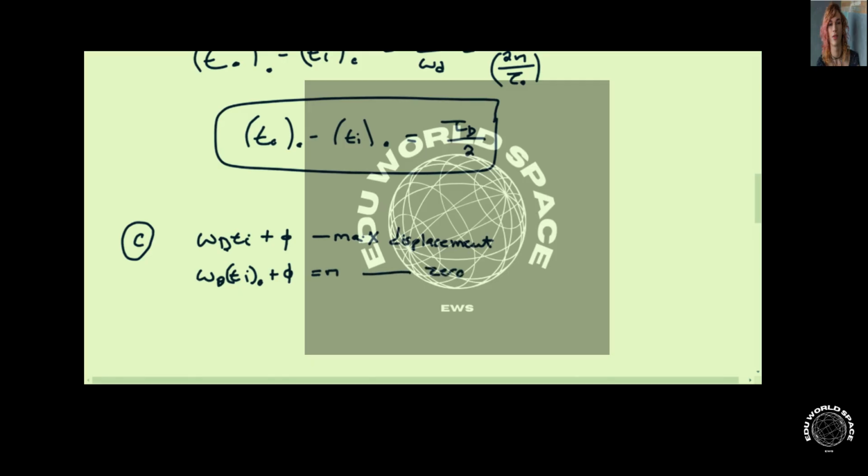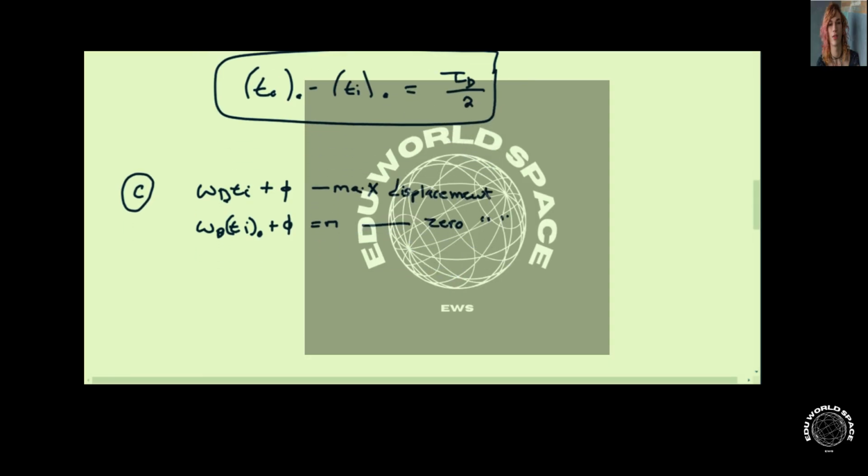And so because of this, what we're going to do is have displacement pi plus phi minus your zero displacement. And here we have pi. Okay.